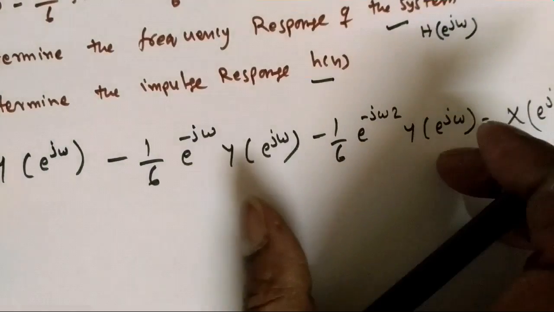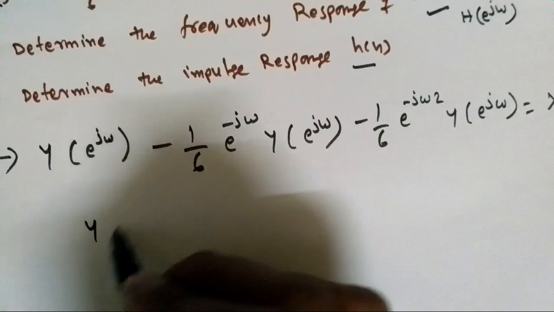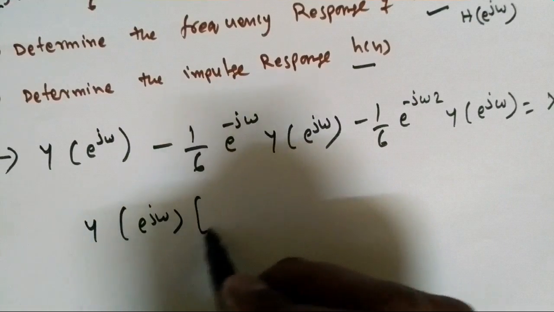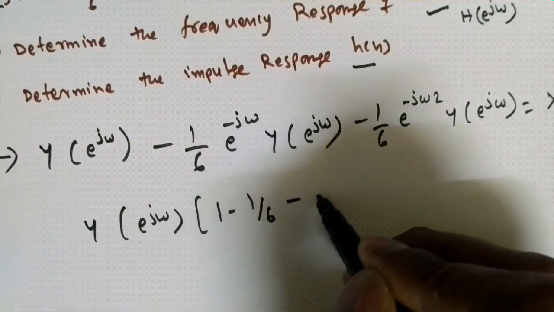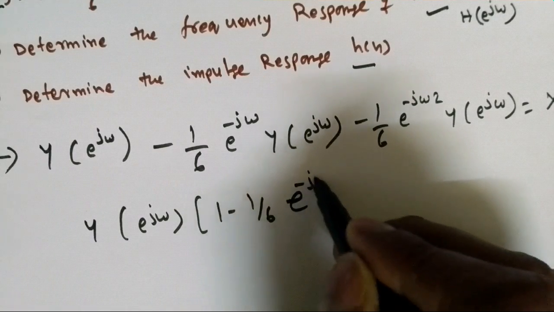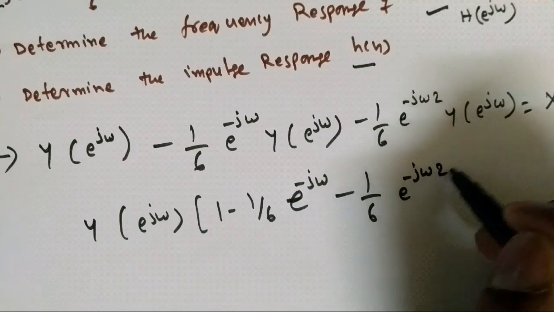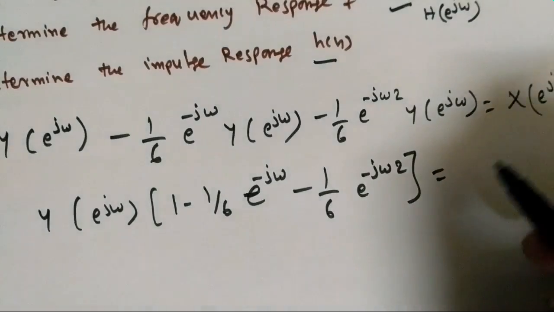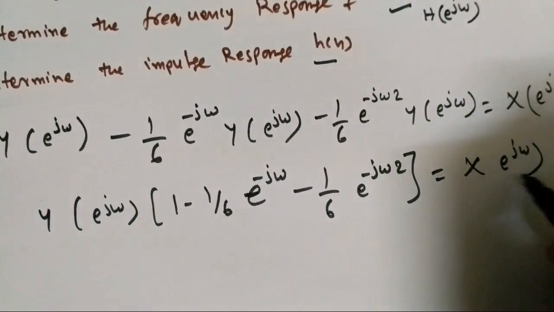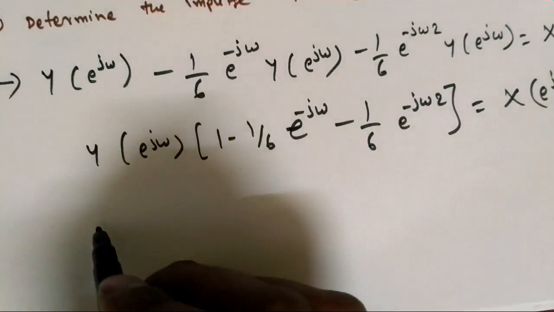Now if I take Y of e power j omega common, from this we'll get 1 minus 1 by 6 into e power minus j omega minus 1 by 6 e power minus j omega 2 is equal to X of e power j omega. So what we need is the frequency response.